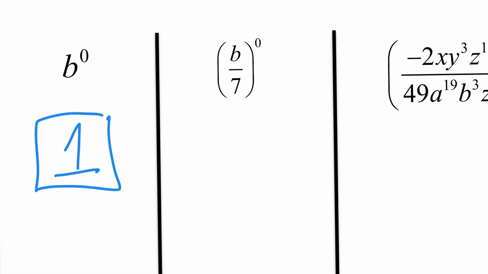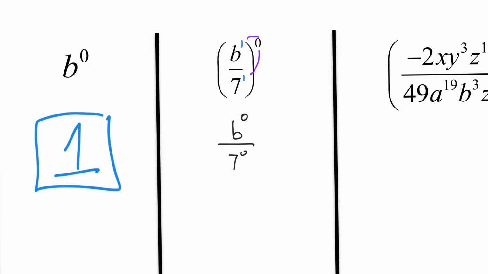The b has an exponent of 1 and the 7 has an exponent of 1, and if you multiply 0 times 1, that's going to be 0. So you will have b to the 0 power on the top and 7 to the 0 power on the bottom. Now, b to the 0 power, we just learned it equals 1.